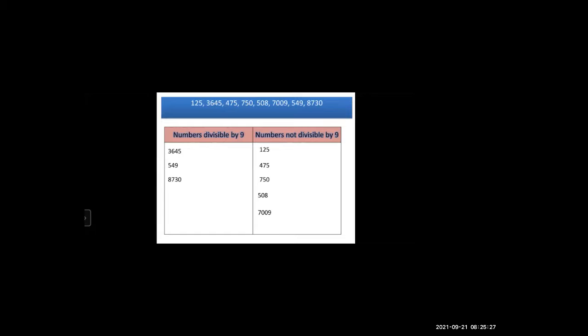So, we are supposed to add all the digits of the number and check whether the sum of the digits is divisible by 9 or not. If it is divisible by 9, then we will say that the number is divisible by 9. Okay. So, you should remember this statement. The statement says that the sum of all the digits of the number should be divisible by 9.